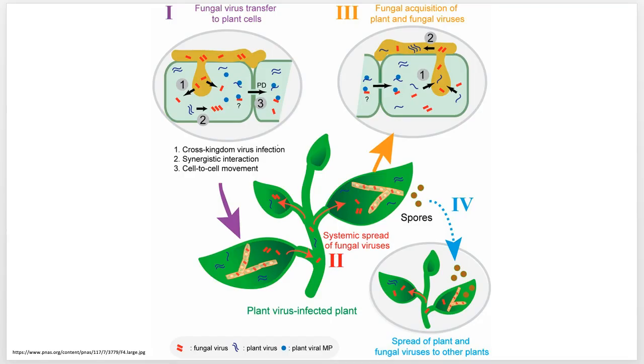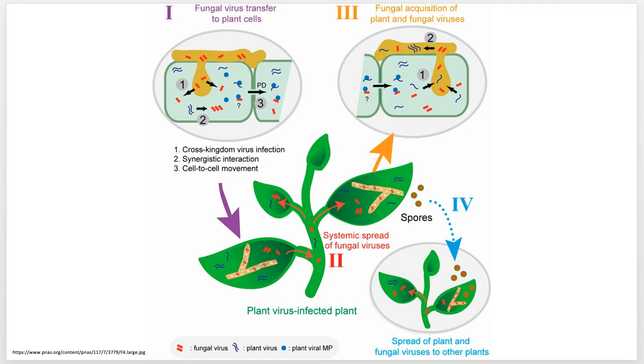Anyway, something interesting to talk about a little bit is the connection between funguses and viruses and plants. If you've taken a botany course, which I used to teach as well, the connection between plants and funguses is very, very strong in a variety of ways. And it turns out that the connection between plants, funguses, and viruses is also really interesting.